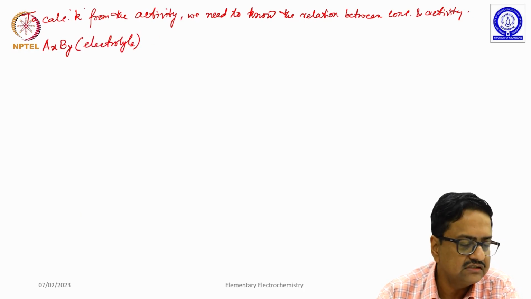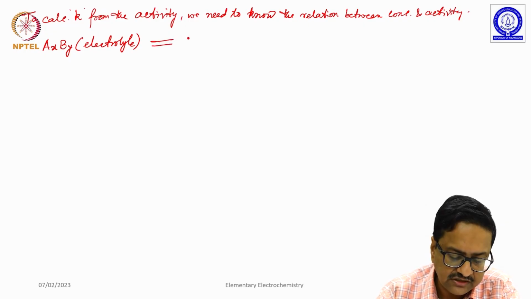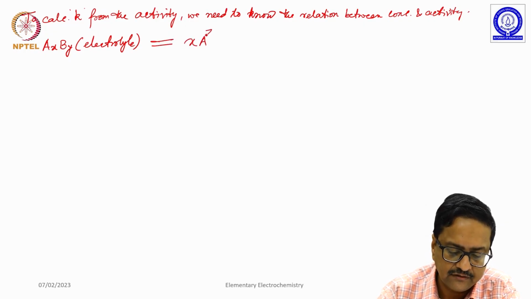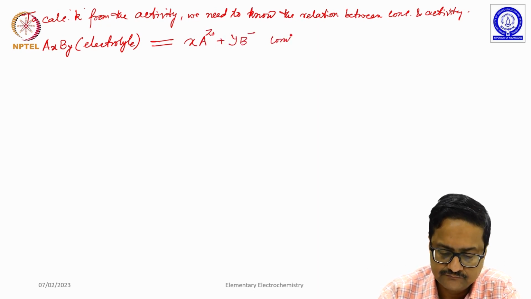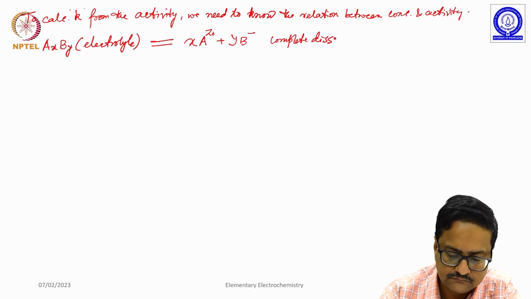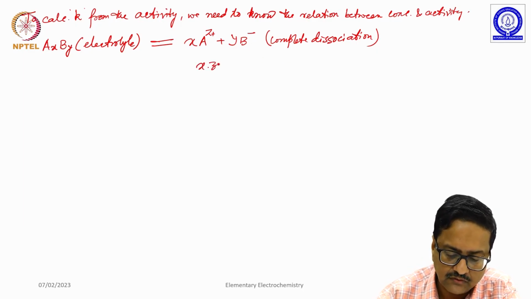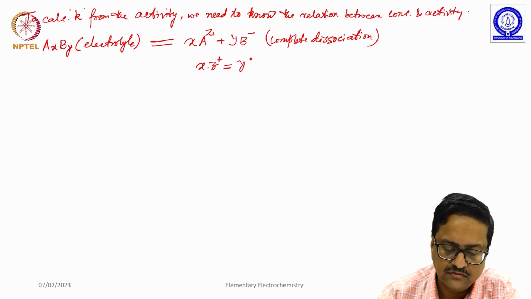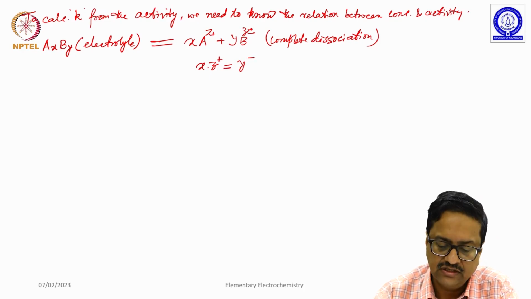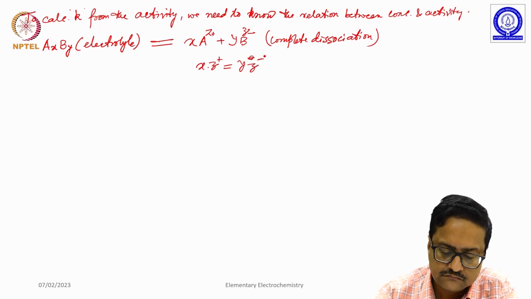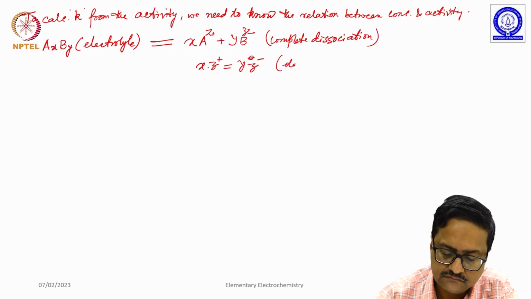And when you dissolve this in water, it completely dissociates into x A^(z+) plus y B^(z-), such that x times z plus is equal to y times z minus, so that it is electrically neutral, right?